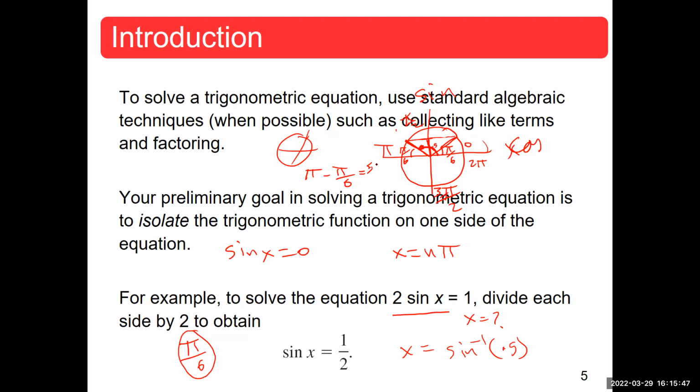That will give you 5 pi over 6. So this is the other angle whose sine is half. So I'm going to write here sine pi over 6 equals half, sine 5 pi over 6 also half.